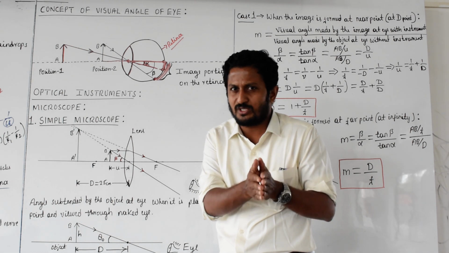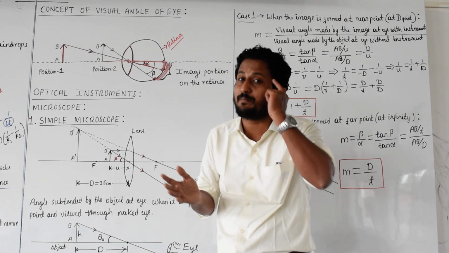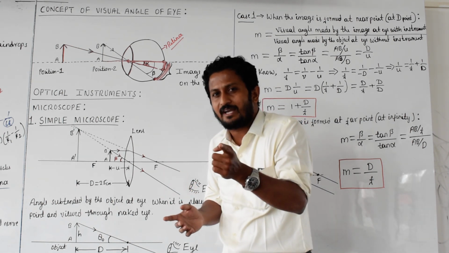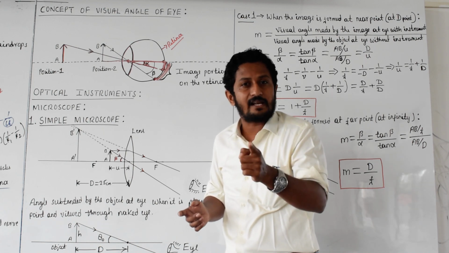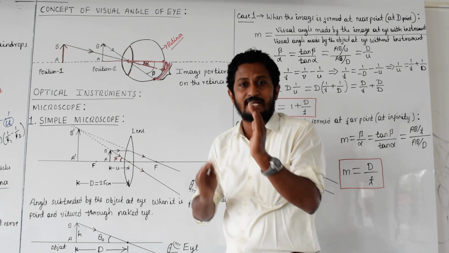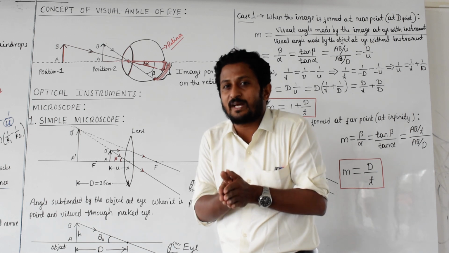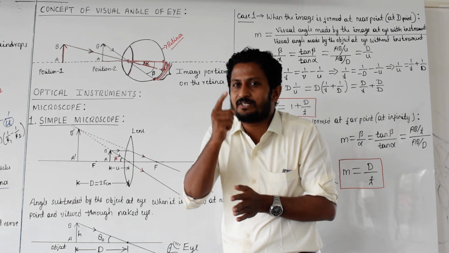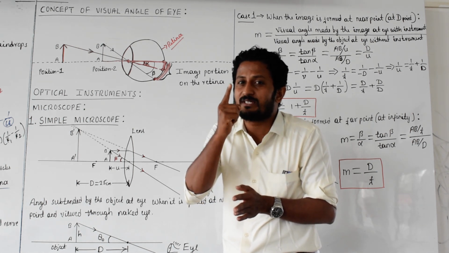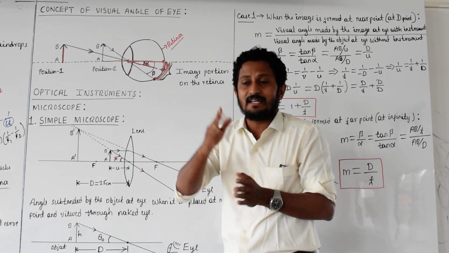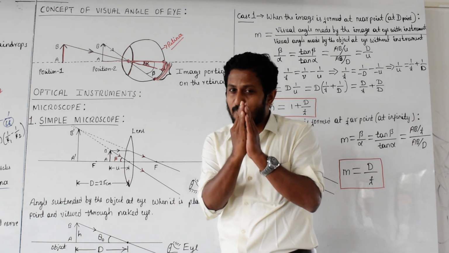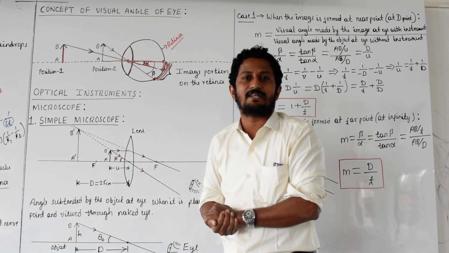Keep in your mind: to get a virtual erect magnified image from a biconvex lens, we must take the object between its principal focus point and optical center.